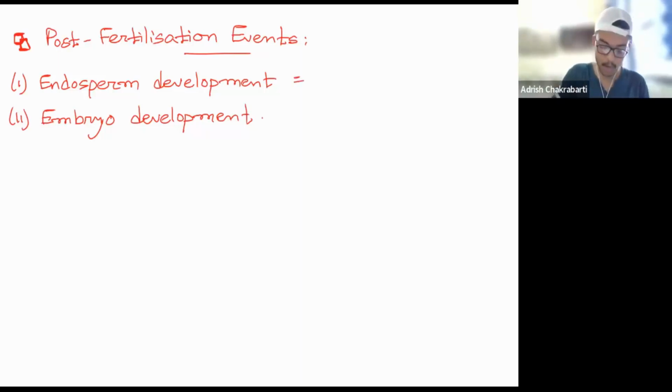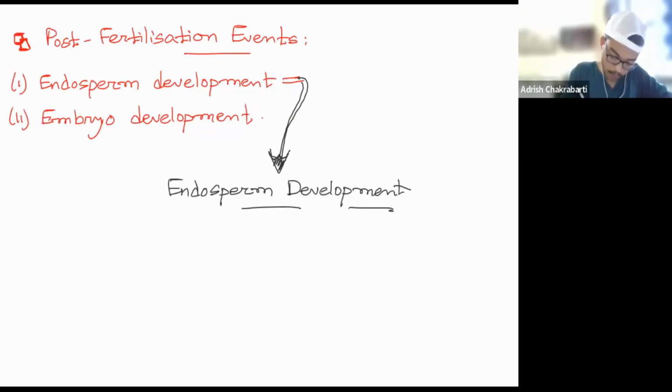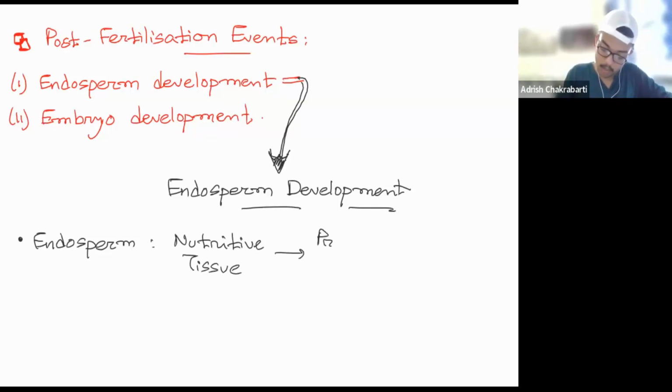So this is important. Now we are coming to endosperm development. So let me just rewrite this. First point: what is endosperm? The endosperm is a nutritive tissue. What is its function?